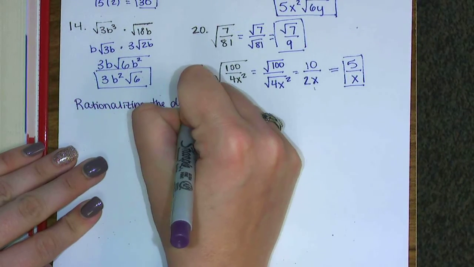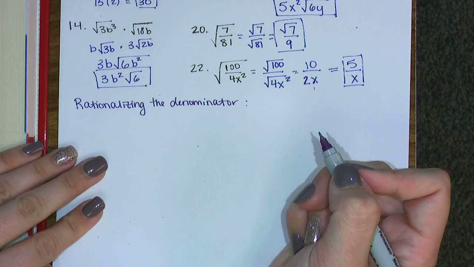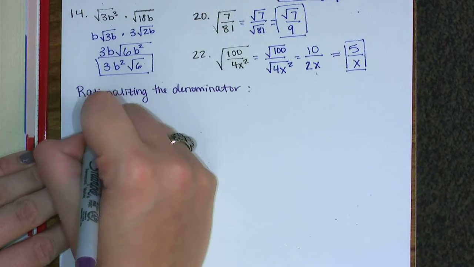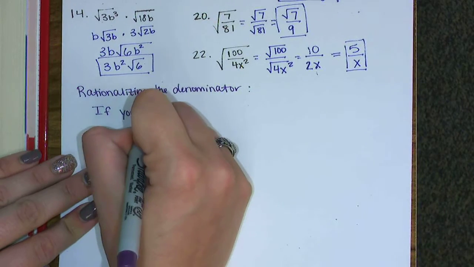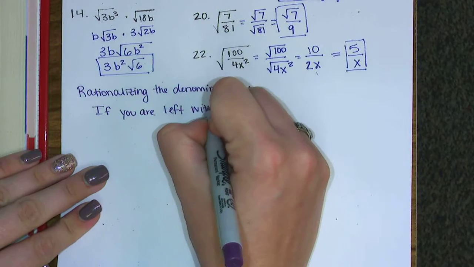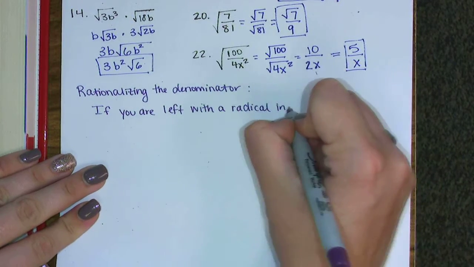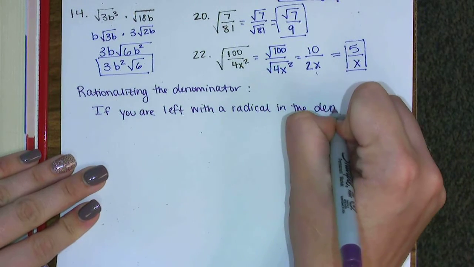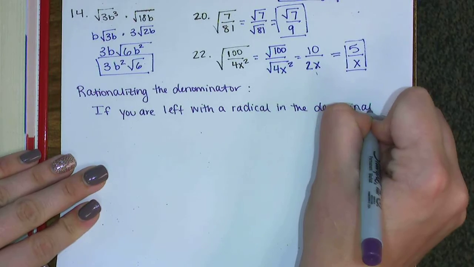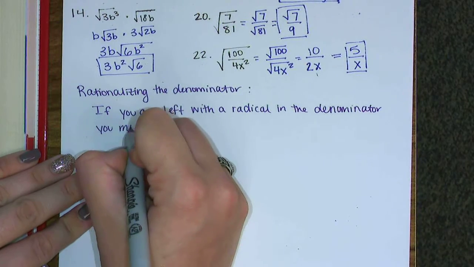Okay, with that, if you are left with a radical in the denominator, you multiply the whole thing, or you multiply top and bottom, I guess is how I should say it.